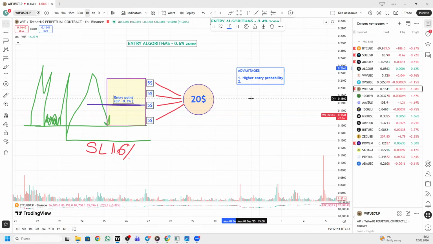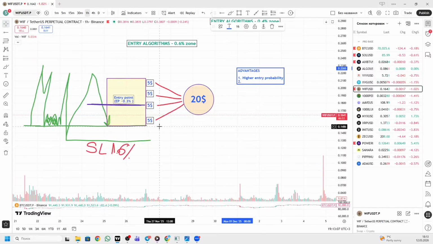Now, what else do we have? So second advantage, it's simplest possible way. Why do I call it simple? Because you don't have to sit there watching every minute and calculating. Did the price leave the zone or not? Should I add more? Should I press button again?